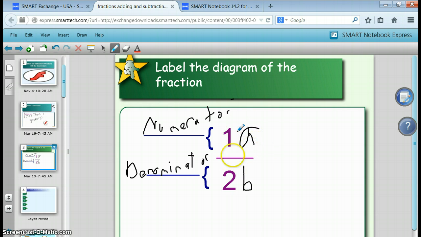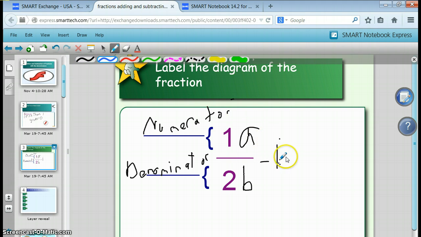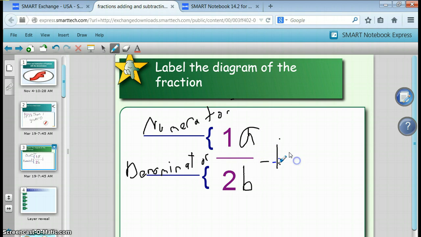Or you think of it as this first number, 1, being divided by 2. Pretend that you saw that right now.